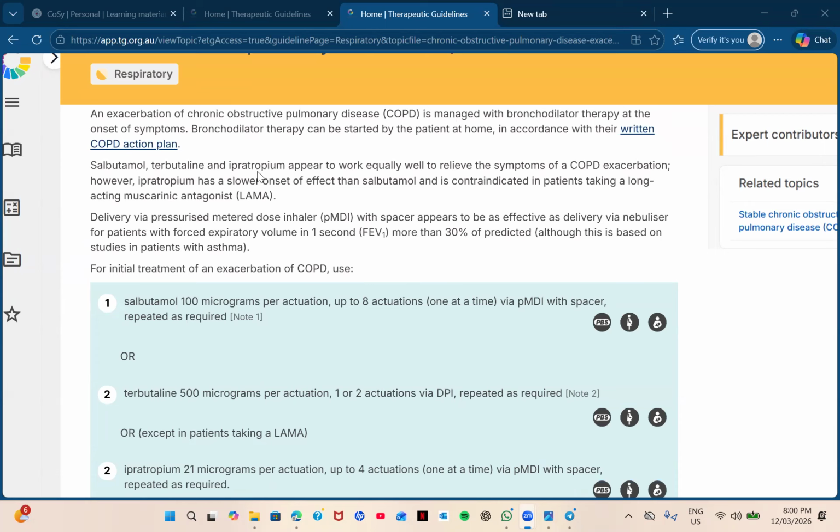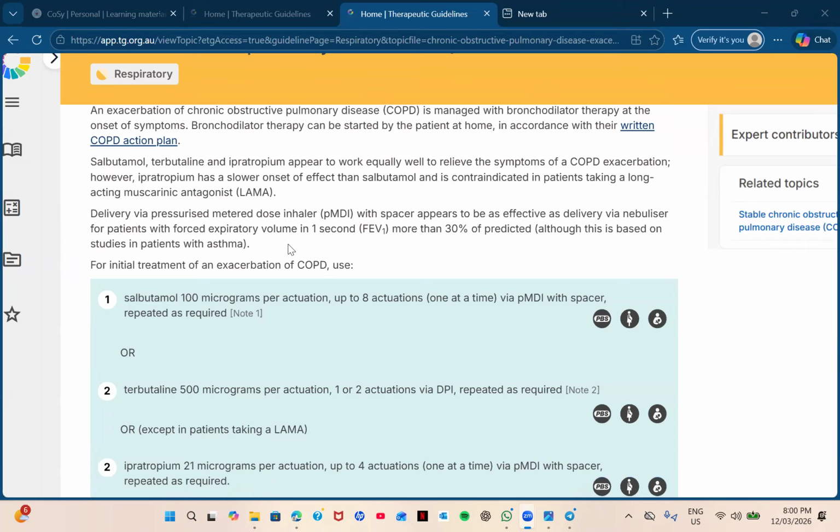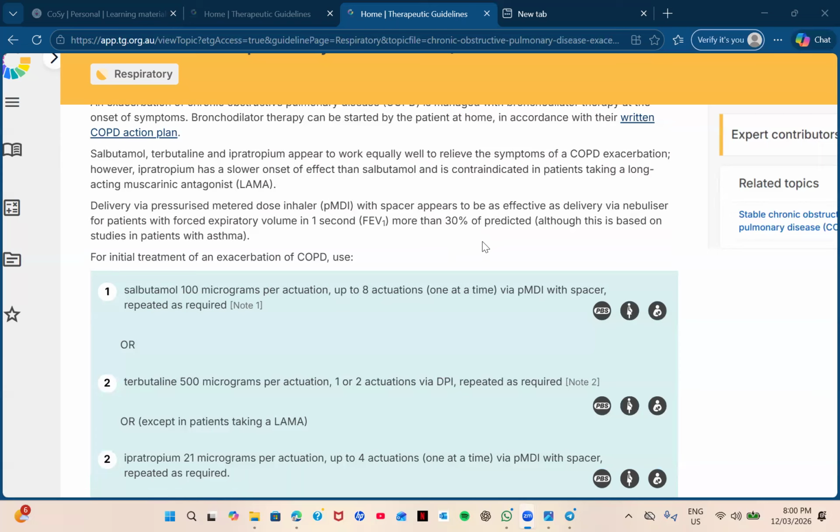However, ipratropium has a slower onset of effect than salbutamol and is contraindicated in patients taking a long-acting muscarinic antagonist, right? Delivery via pressurized metered dose inhaler or pMDI with spacer appears to be as effective as delivery via nebulizer for patients with forced expiratory volume in 1 second more than 30% of predicted value, right?